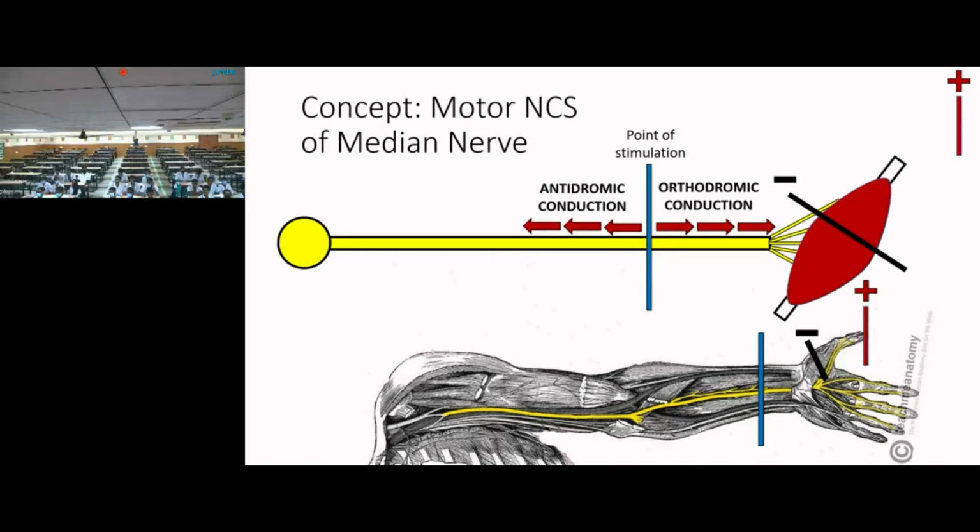So whenever you calculate the onset latency, the onset latency of the motor nerve will actually contain your neuromuscular junction delay also. When you calculate the nerve conduction velocity, this delay will be included and we will get a false value. So we have to ignore this neuromuscular junction delay.